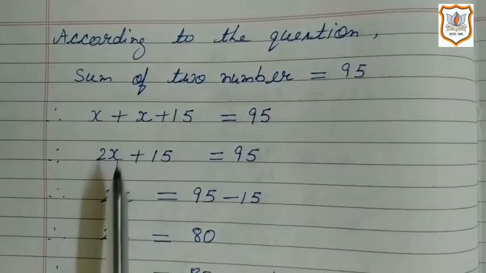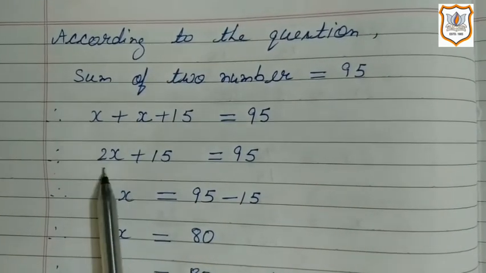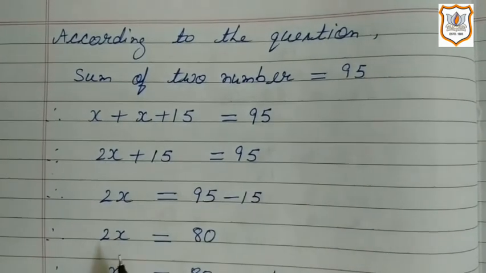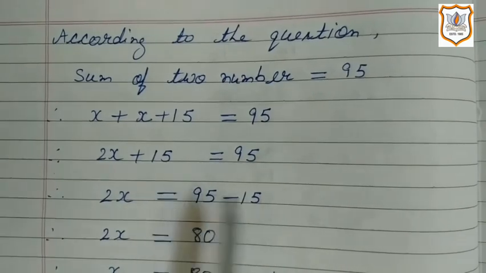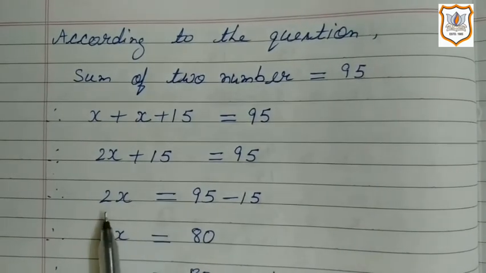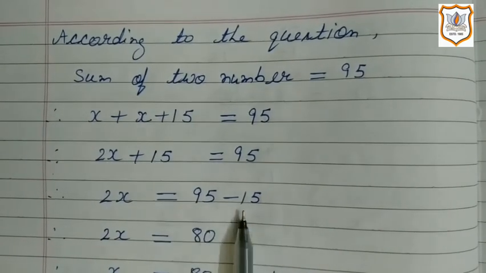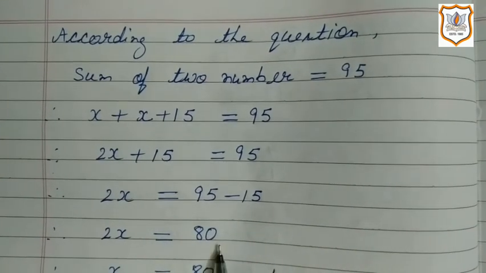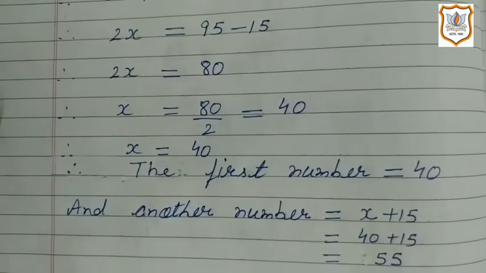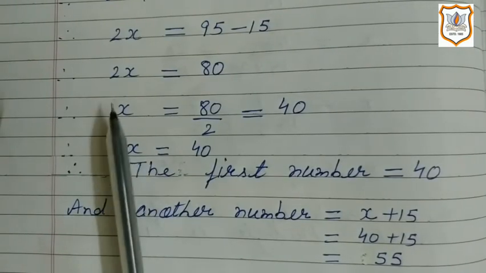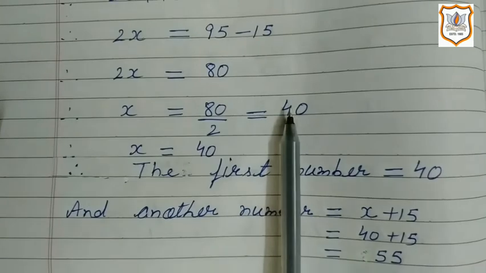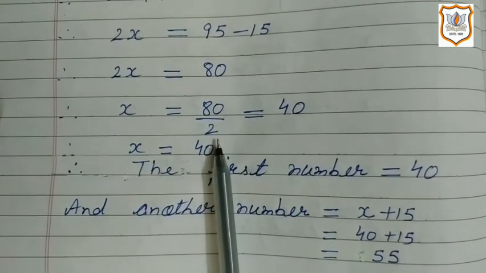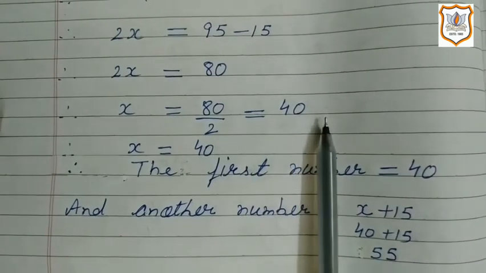X plus x is 2x. So we write 2x plus 15 is equal to 95. We shift 15 to the right side. So we write 2x is equal to 95 minus 15. 2x is equal to 80. Now we shift 2 to the right side. So we write x is equal to 80 upon 2 is equal to 40.